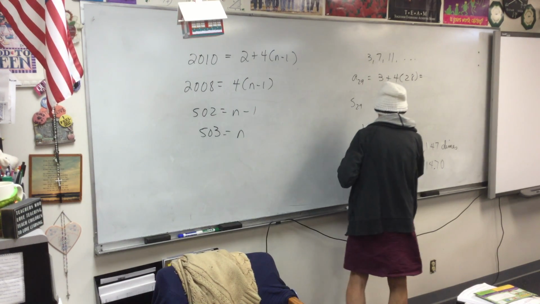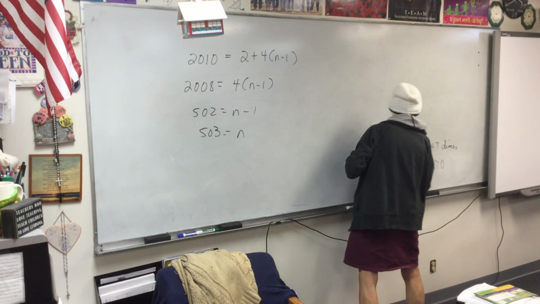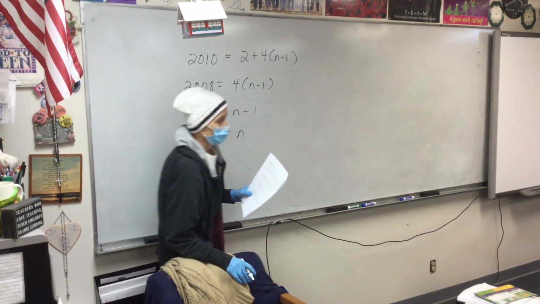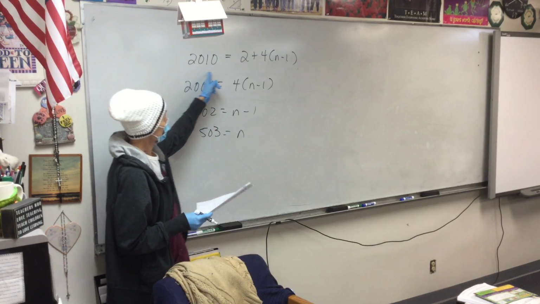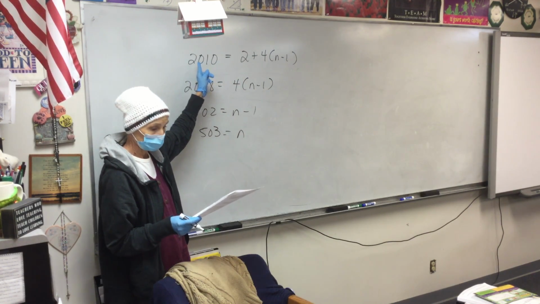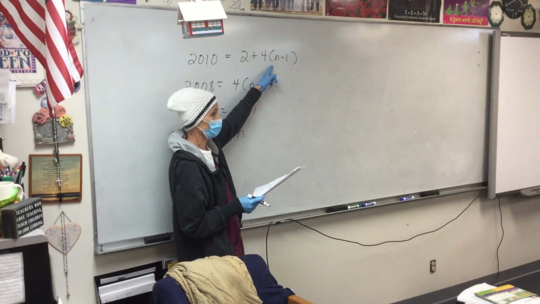I got 503, but I did it without a calculator. Anybody match that? Why did I use this formula? It's arithmetic. Because it's arithmetic. Right? Common difference is 4.